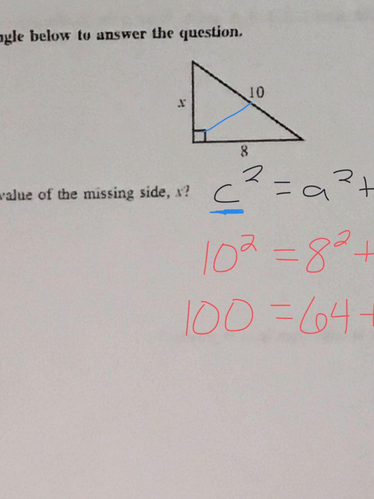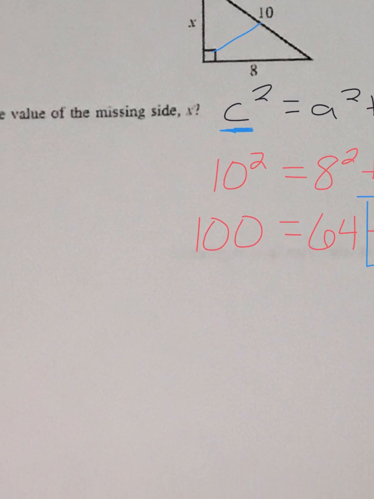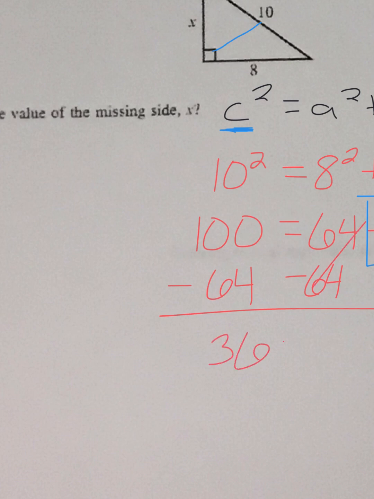I want to get x by itself. What do I do with that 64? Subtract 64 on both sides. So I have 36 equals x squared. What can I do from here? Square root both sides, or we could plug in what we have left.